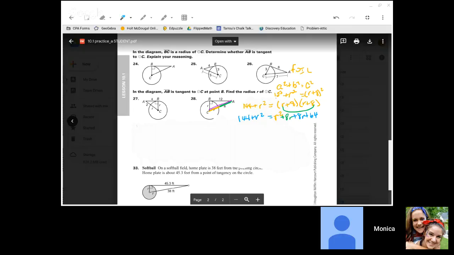So, how would we prove if that's a right triangle or not on 25 and 26? But then how do we know that that angle equals 90? What formula have we been using?